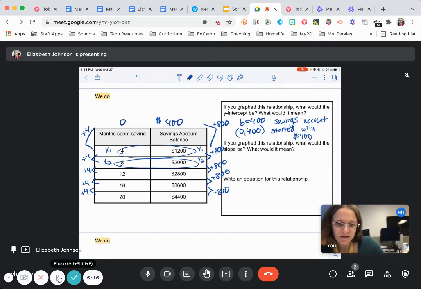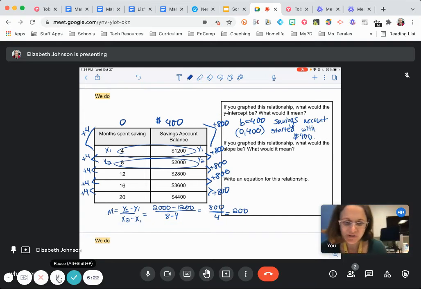And why don't you see if you can calculate the slope of this one on your own? I think you can. Nice work. So the slope is 200, and it's a positive 200. So what that tells us is that each month, this person adds $200 to their savings account. So I'm going to say 200 added each month.